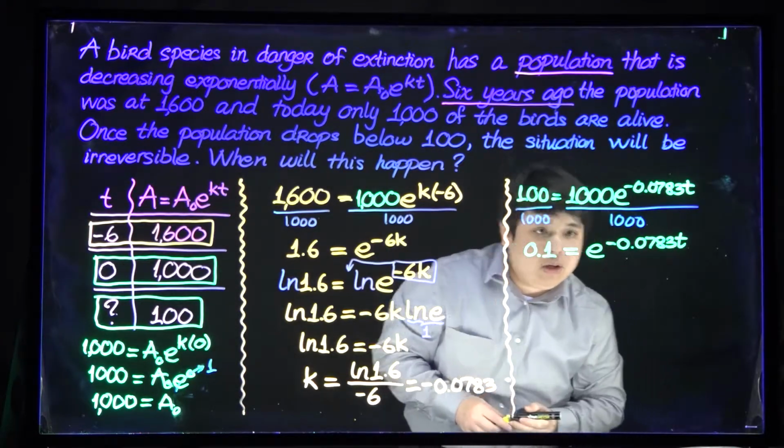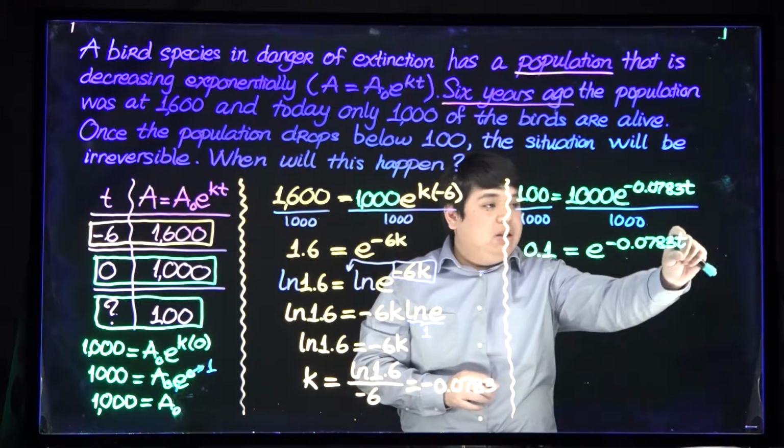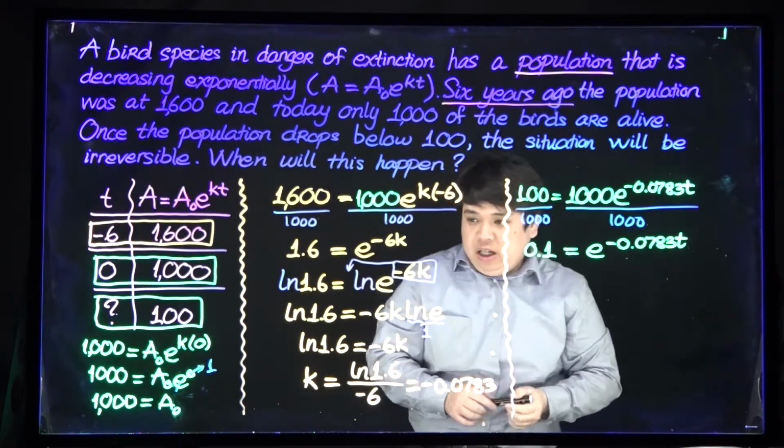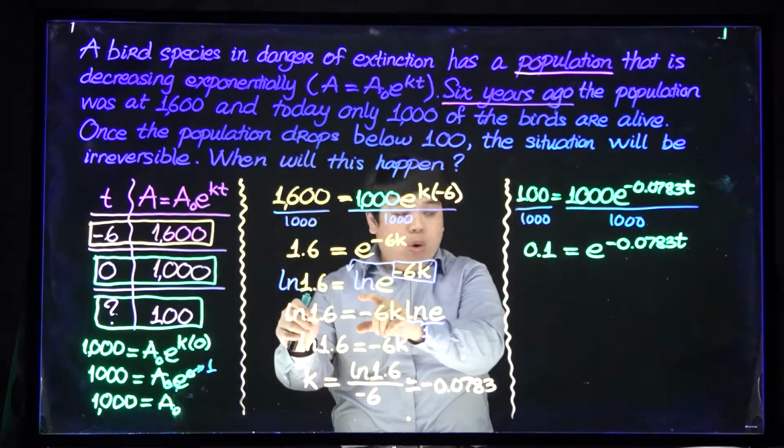Now we have an exponential equation because the variable is on the exponent. We do the same thing as before, taking ln on both sides.